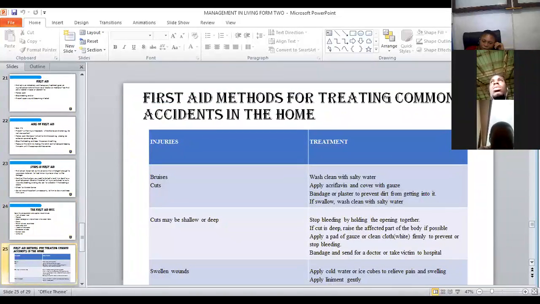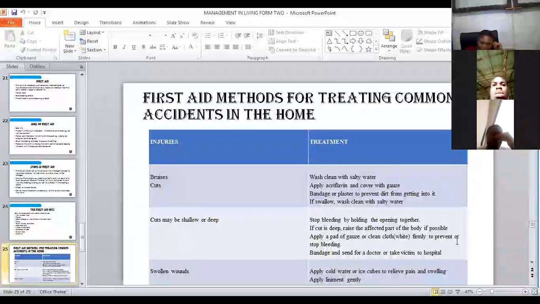Now we are going to look at some first aid methods in some common accidents in the home, and how these can be treated.